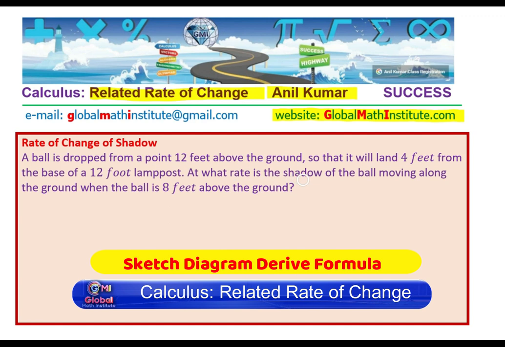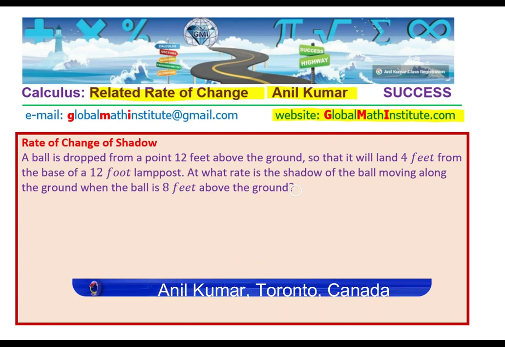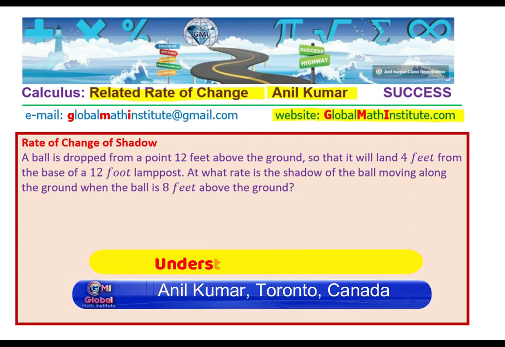At what rate is the shadow of the ball moving along the ground when the ball is 8 feet above the ground? So this is an application question for which first you need to write down the equation and then solve it.